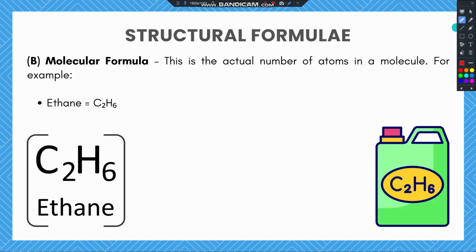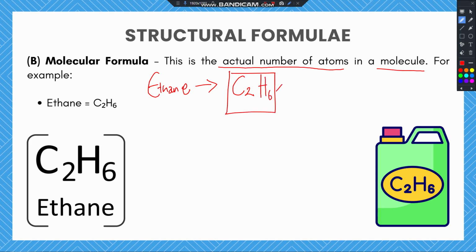The second style with which we show organic compounds is through the molecular formula. Now, this molecular formula depicts or shows us the actual number of atoms in a molecule. For example, when we mention the chemical compound ethane, which is also an organic compound, we are referring to an organic compound that has 2 carbon atoms and 6 hydrogen atoms, C₂H₆.